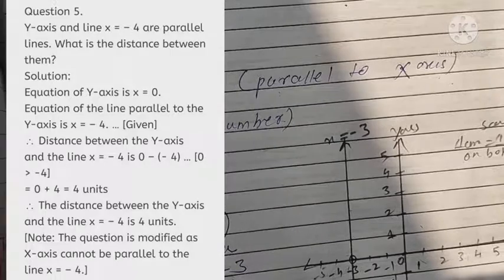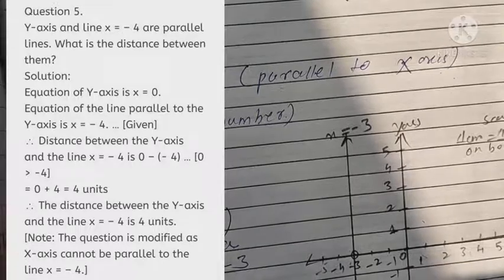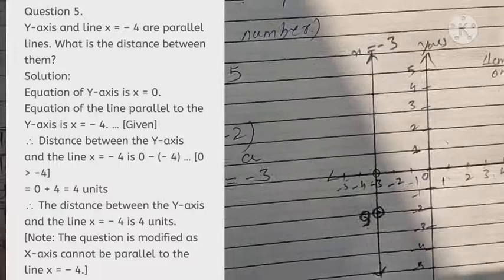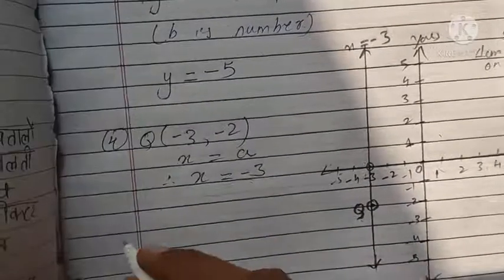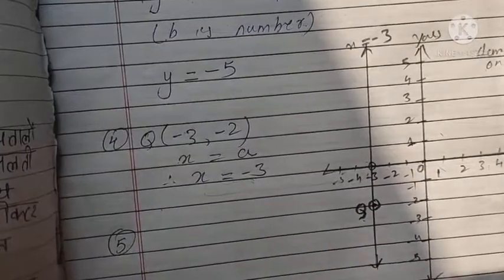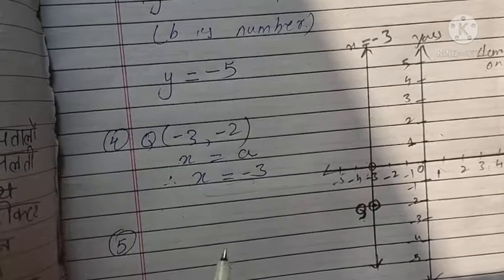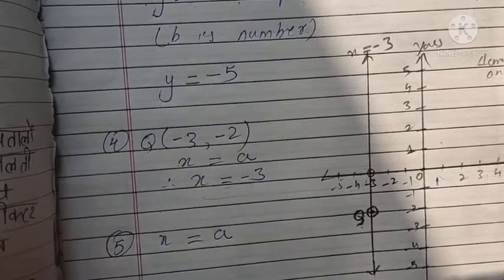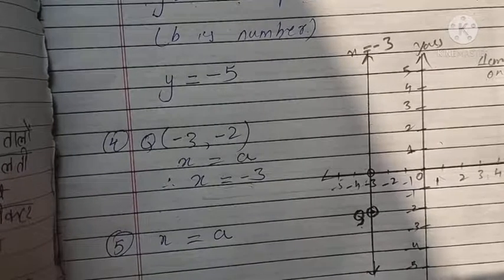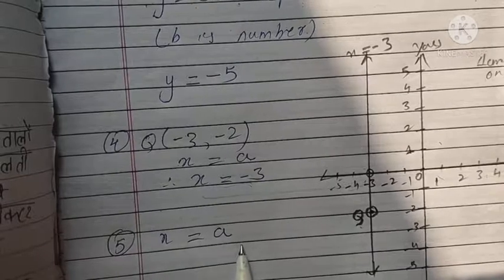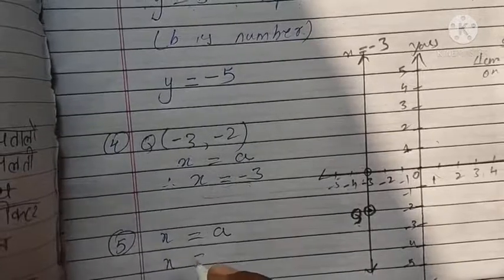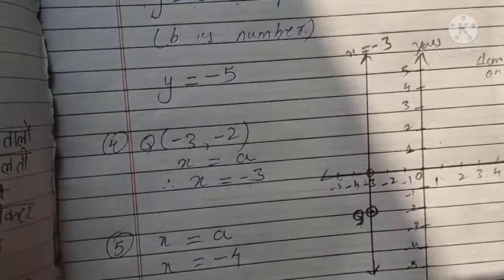Next is question number 5. The y-axis and the line x is equal to minus 4 are parallel lines. What is the distance between them? Here the y-axis and x is equal to minus 4 are parallel lines. You know that x is equal to a types of equations are parallel to the y-axis, so x is equal to minus 4 is also parallel to the y-axis.